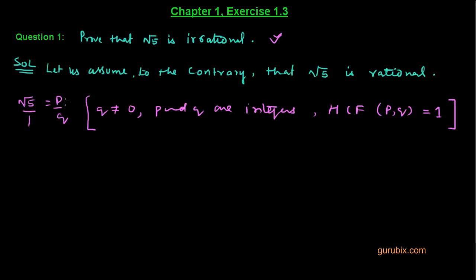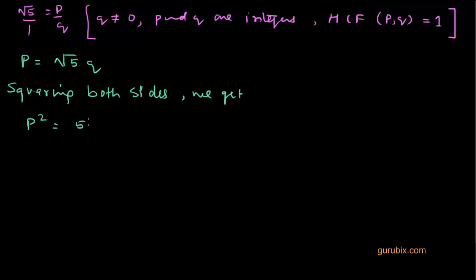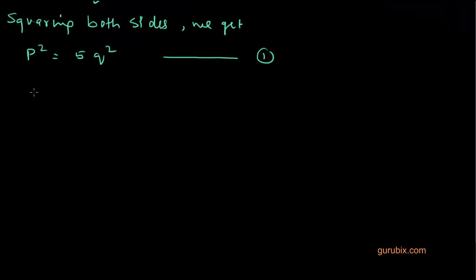And rearranging this equation, we have p equals root 5 q. Squaring both sides of this equation, we get p square equals 5q square, and we let this be equation number 1. What we observe here is that the value of p square is 5q square.